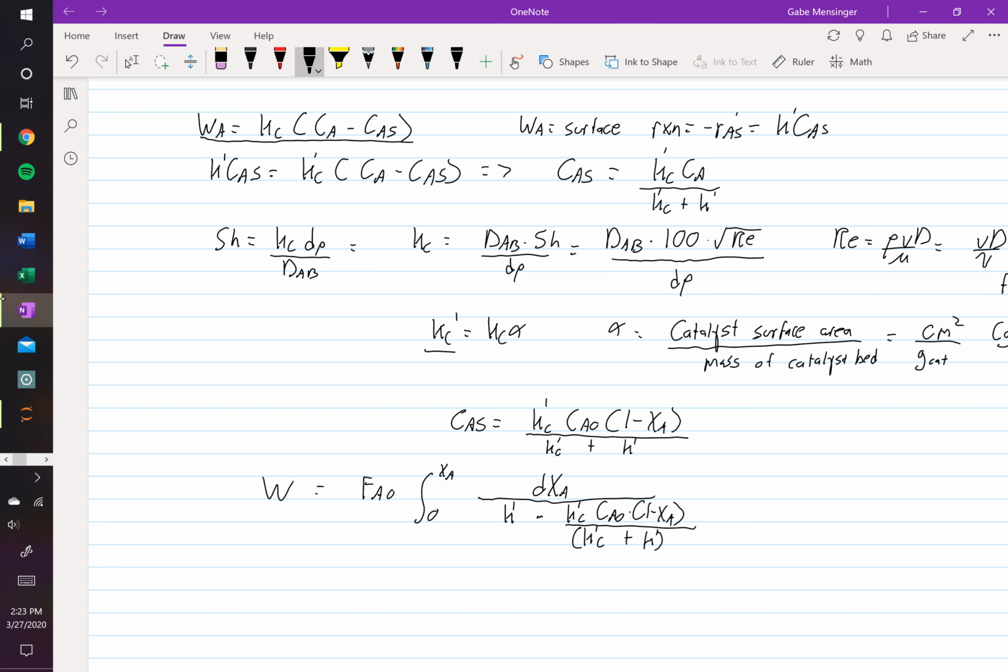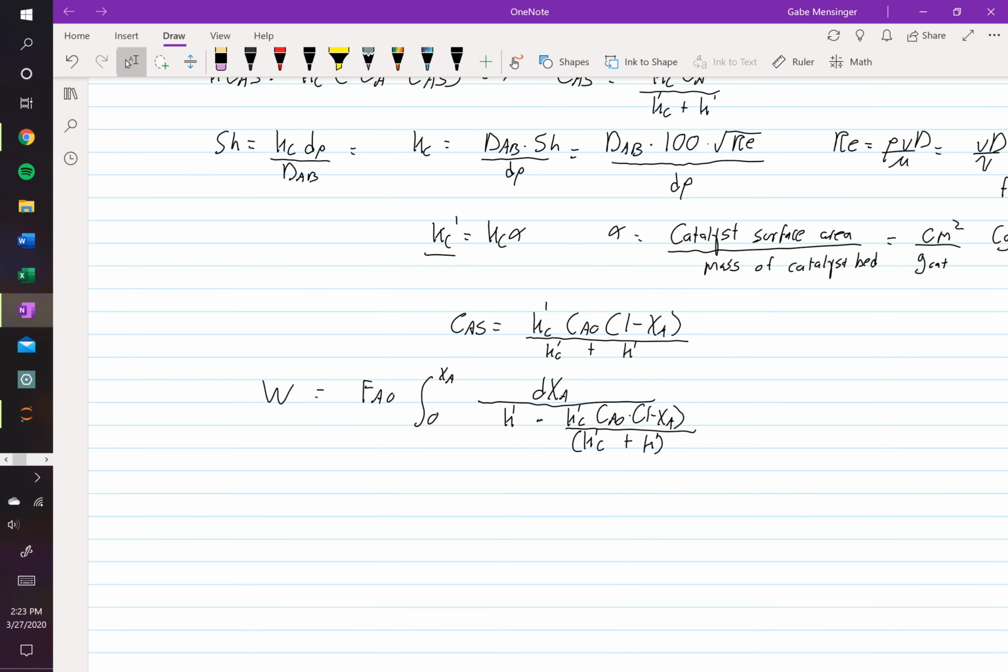And a lot of stuff here, but if you remember, because we're doing this isothermally, we can take a lot of stuff out. So FA naught obviously can stay out, and then we multiply by K prime plus Kc prime over K prime times Kc prime times CA naught.